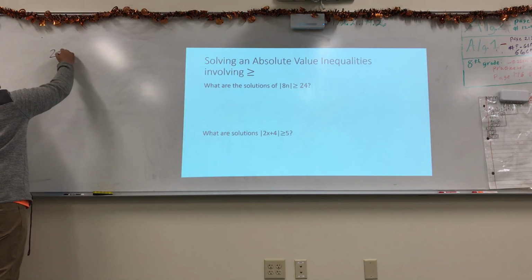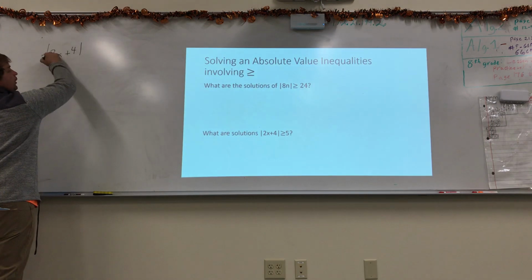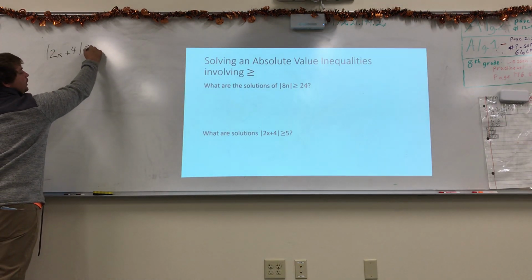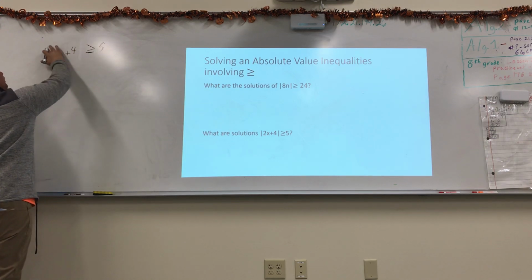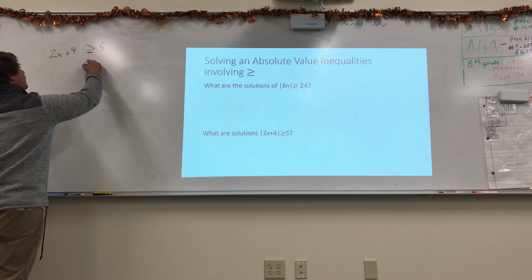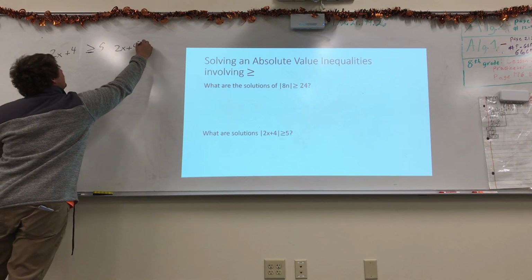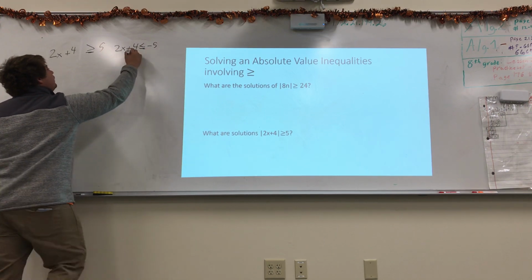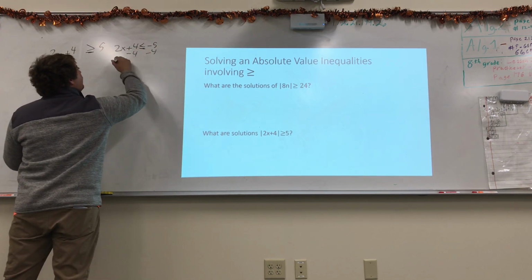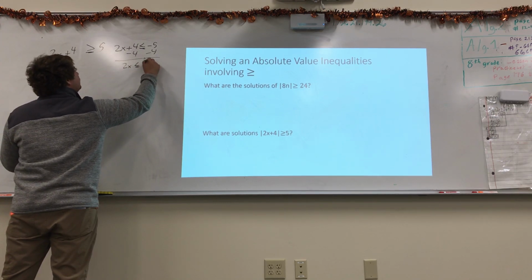So we have the absolute value of 2x plus 4 is greater than or equal to 5. To get rid of the absolute value, we leave that one alone. The other one would be 2x plus 4 is less than or equal to negative 5. Subtract 4, you end up with 2x is less than or equal to negative 9.